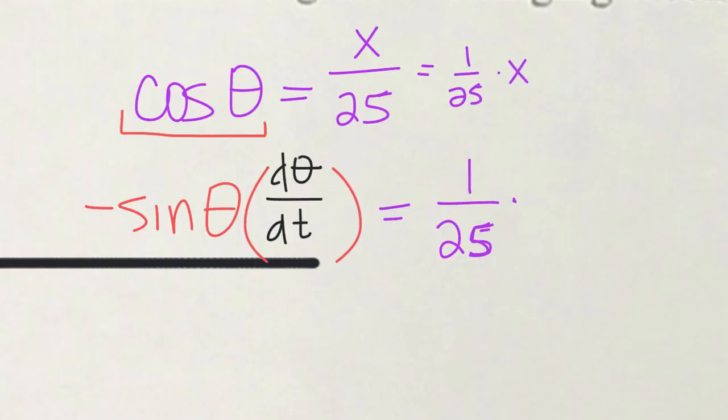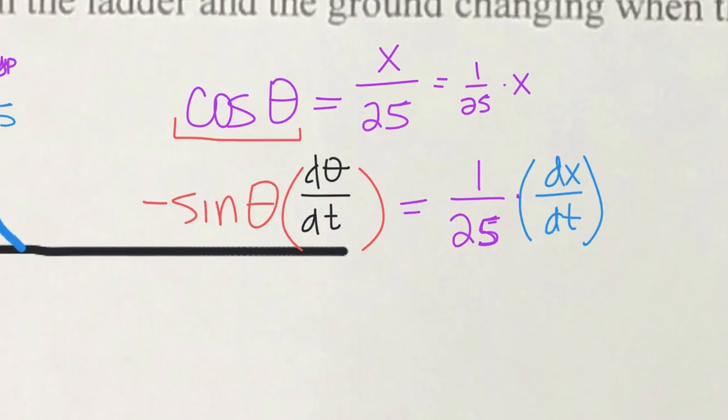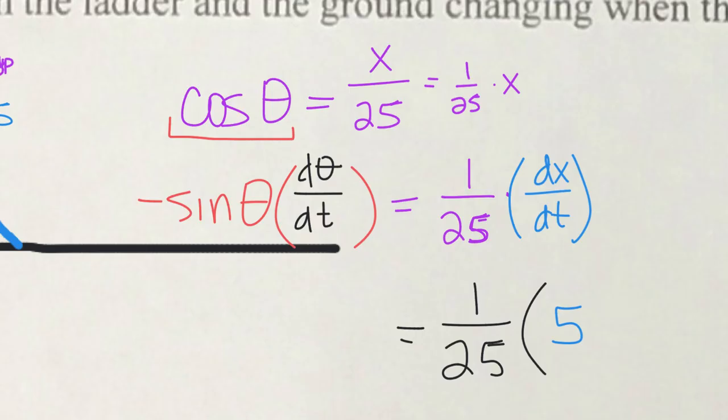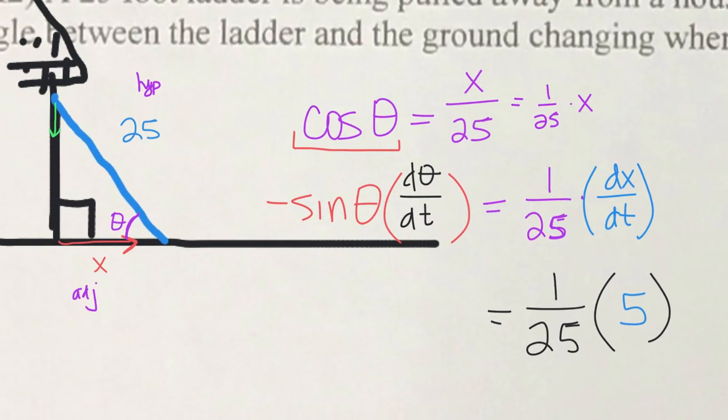So 1 over 25 is your constant, and then we have your dx dt. Every variable gets a derivative with respect to time. Do we know dx dt? Yes, we do. The ladder is being pulled away at a rate of 5 feet per minute. So that's our dx dt.